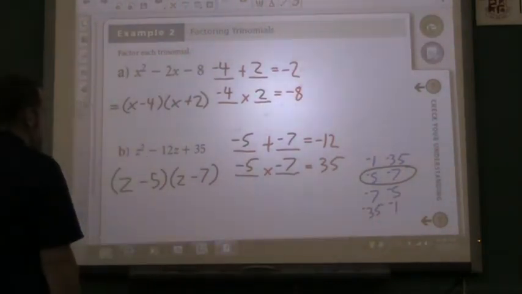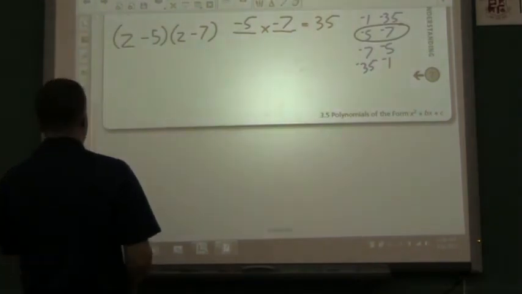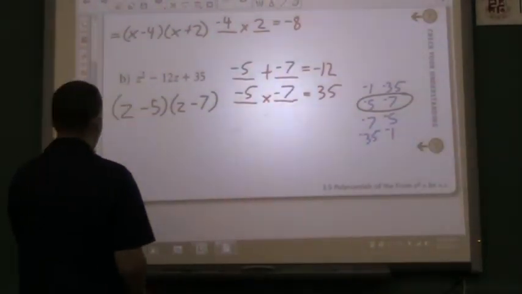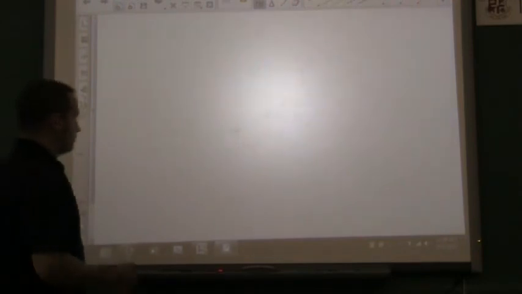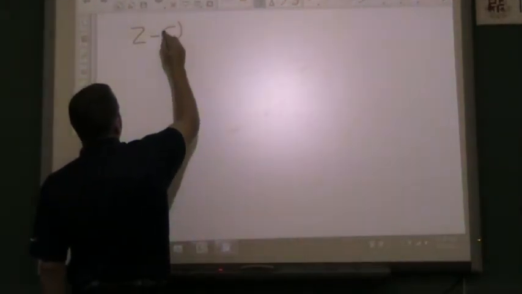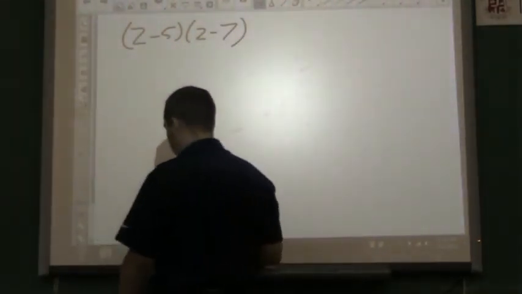The board's a little slow here today. And we'll just show it right here then. Oh, there we go. So we said my answer was z minus 5 onto a z minus 7.